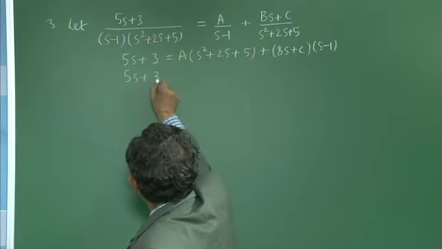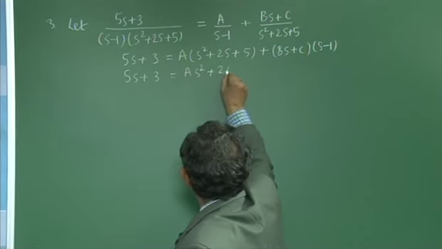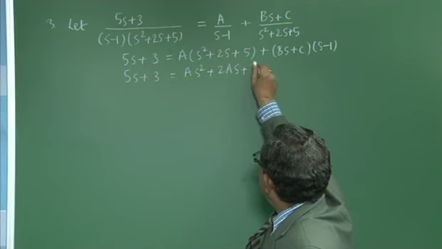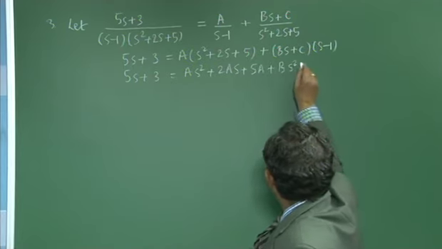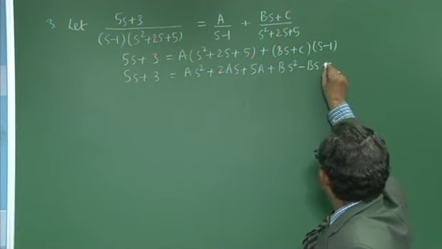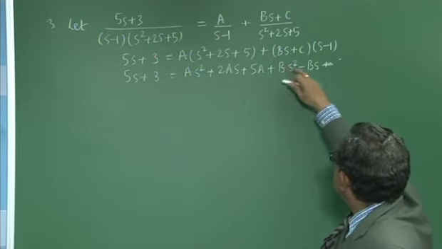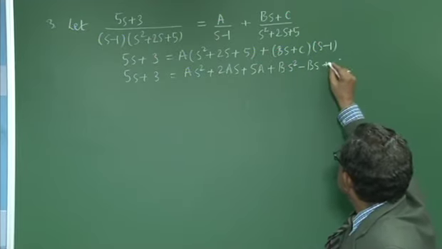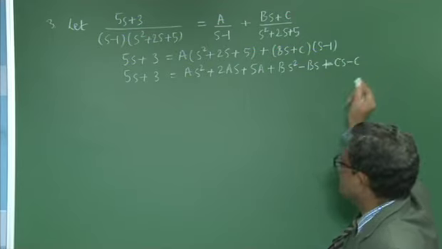5s plus 3 equals as square plus 2as plus 5a plus bs square minus bs plus cs minus c.